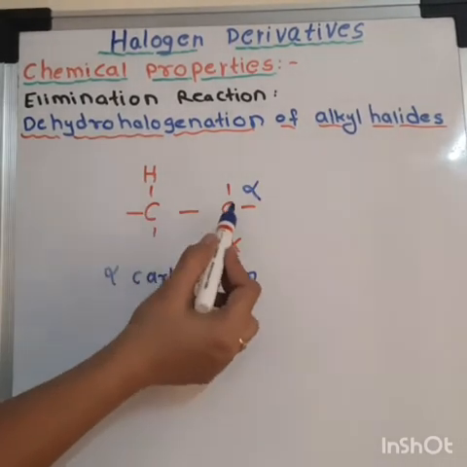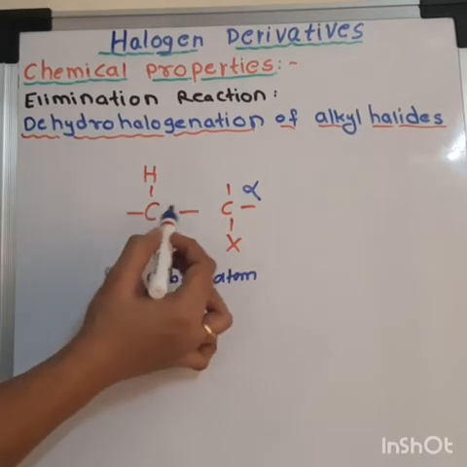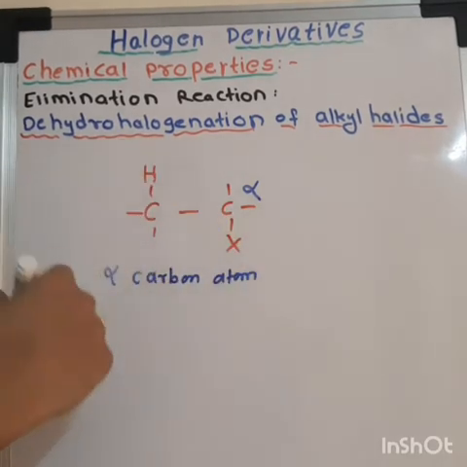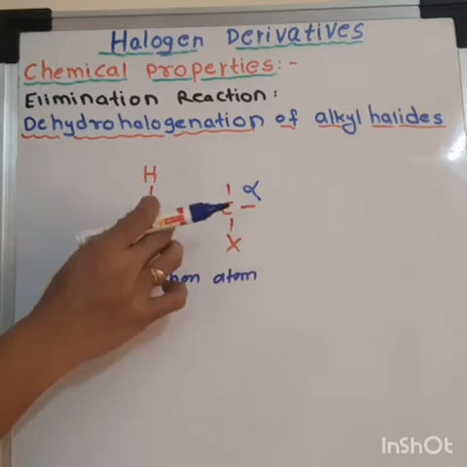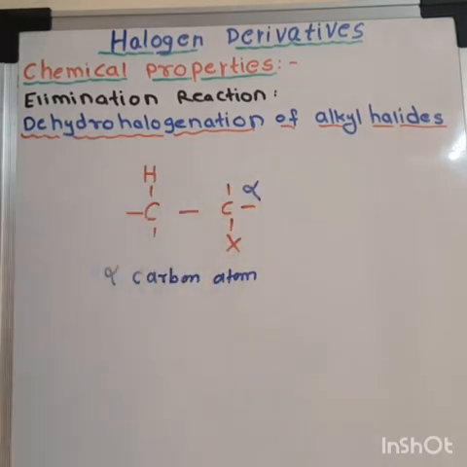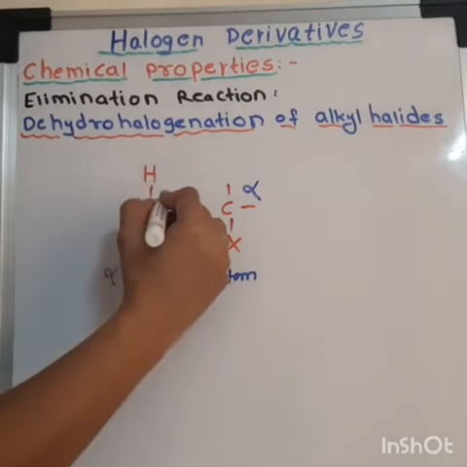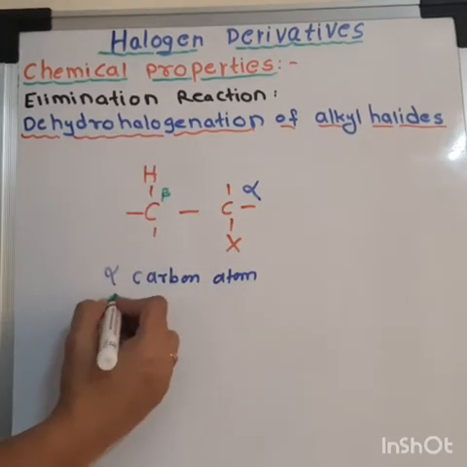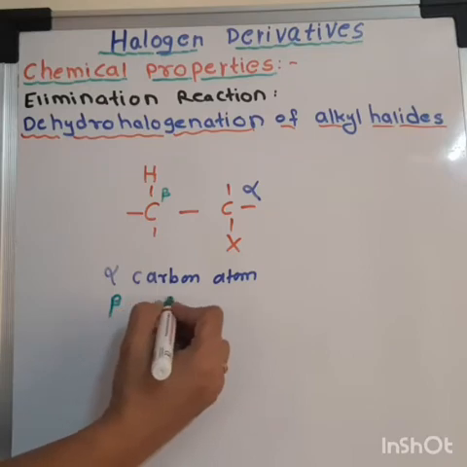And the carbon atom attached to the alpha carbon atom, the one next to the carbon having the halogen atom, is known as the beta carbon atom.